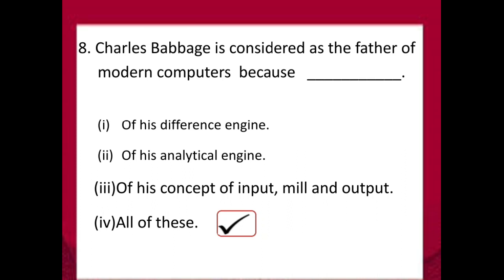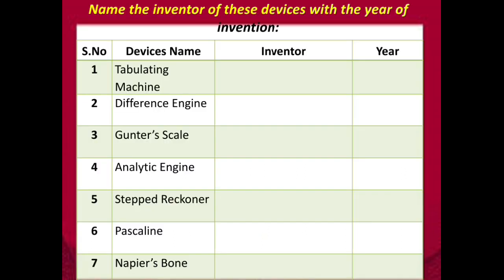Okay, now the next one: name the inventor of these devices with the year of invention. We have to write who invented it and in which year. The first one is the tabulating machine.